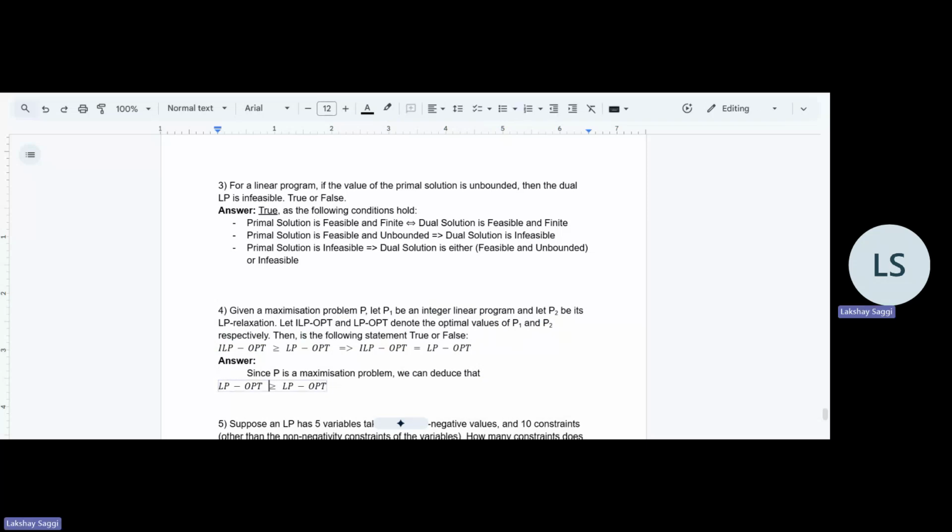This is something which we already know because P is a maximization problem, and so this is already known. Let's just call this statement 1.